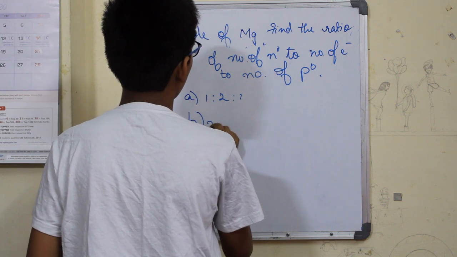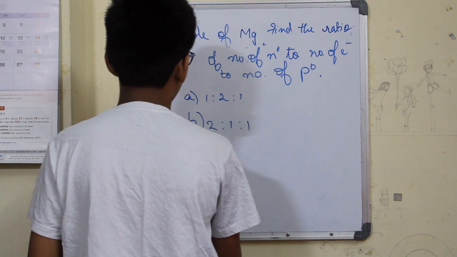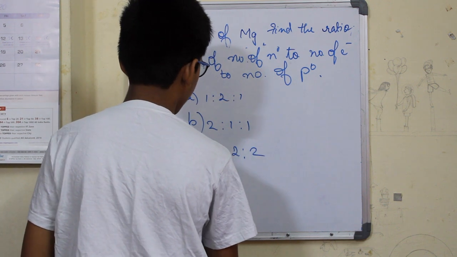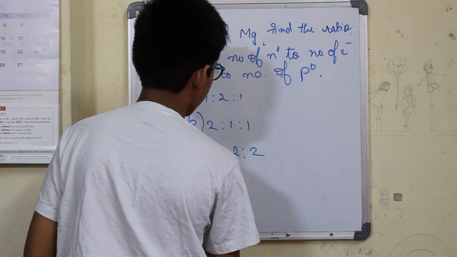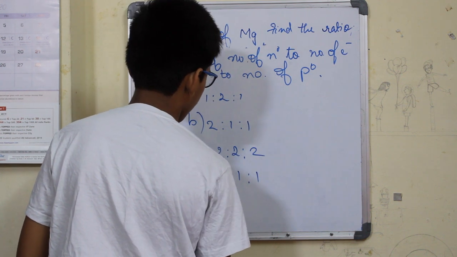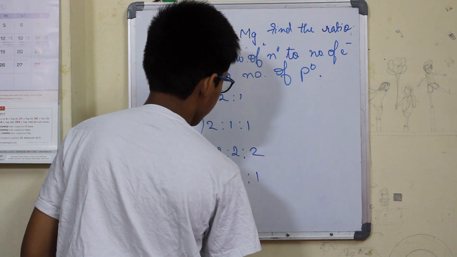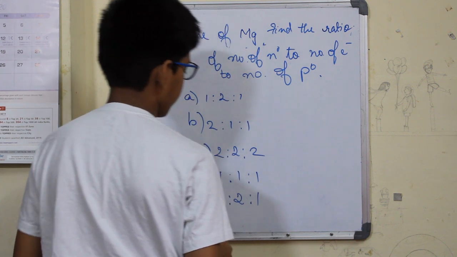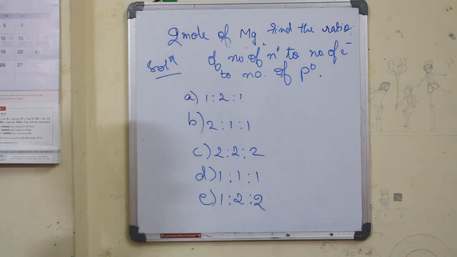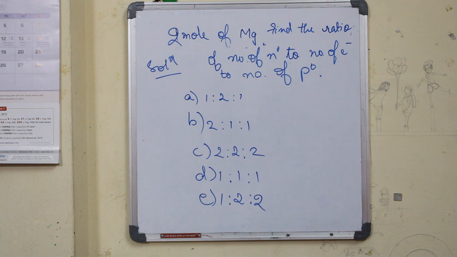Option B, 2:1:1. Option C, 2:2:2. Option D, 1:1:1. Option E, 1:2:1. Okay, just try that. What is the option? Yeah, we did it just now.